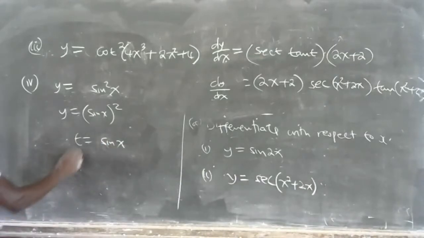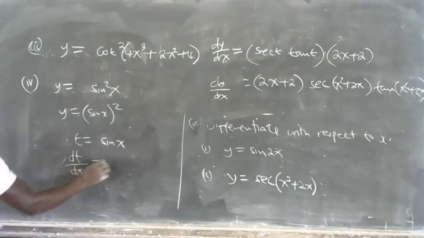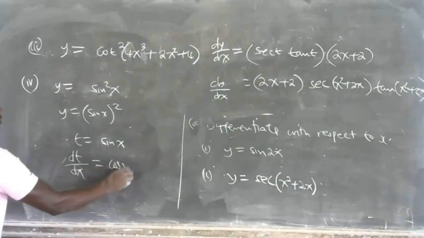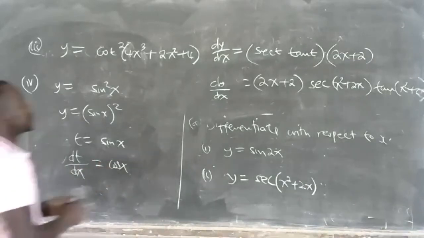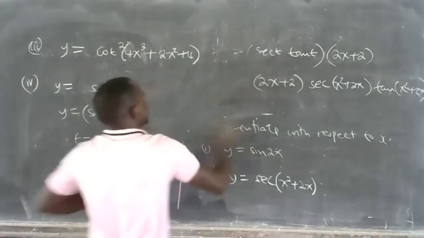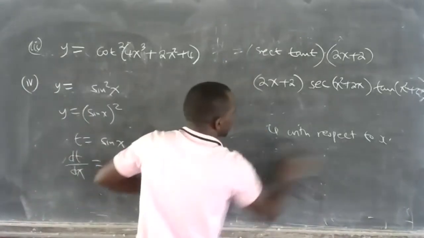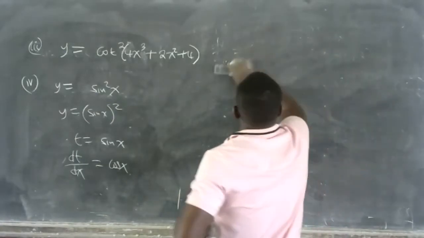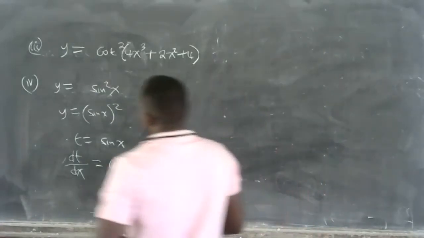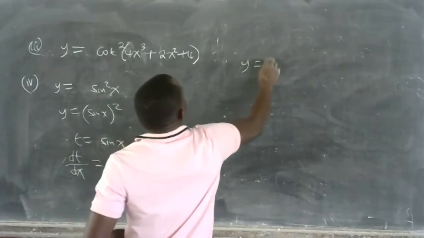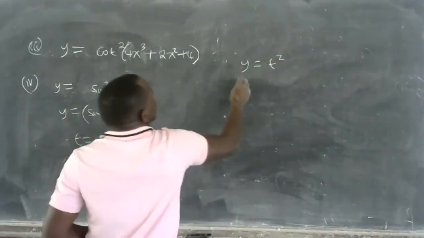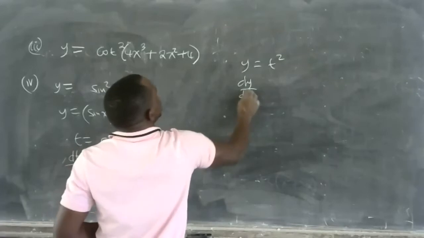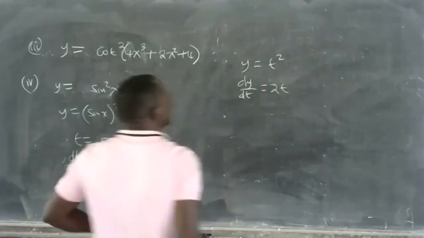Now your dt/dx will give you cos x. Meaning now your y becomes t squared. The dy/dt will give you 2t.